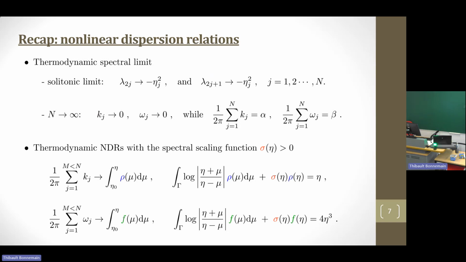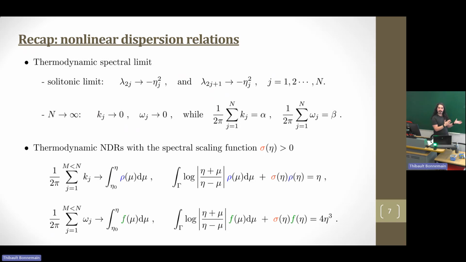Similarly, I can introduce a spectral flux density that plays the same role for the frequencies as rho does for the wave numbers. Under this limit, my previous nonlinear dispersion relation becomes these two integral equations, where this new function sigma is called the spectral scaling function. It encodes all the relevant information about the spectrum. To be more specific, it is the precise band-gap ratio around spectral point E.